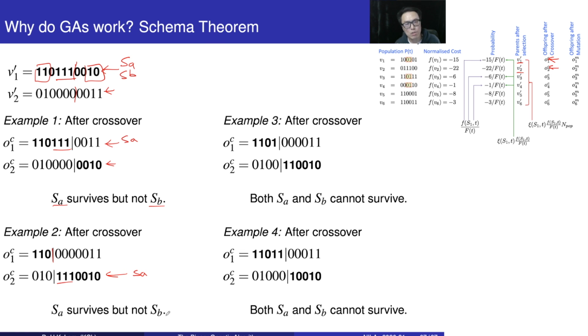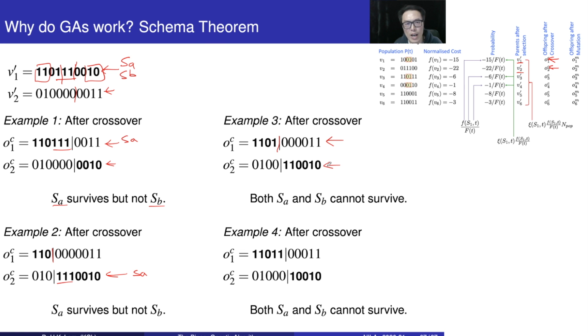So it also proves that a shorter chromosome has a higher chance to stay. Now we consider another crossover point somewhere right here. And then both SA and SB cannot survive because these two offspring do not match SA and SB.